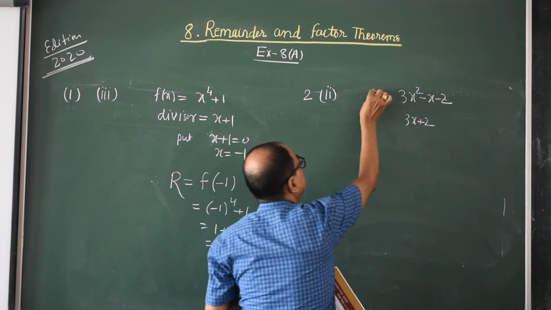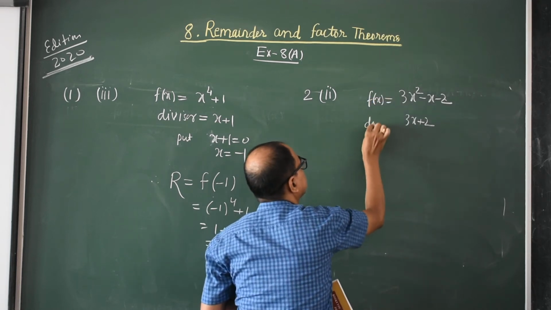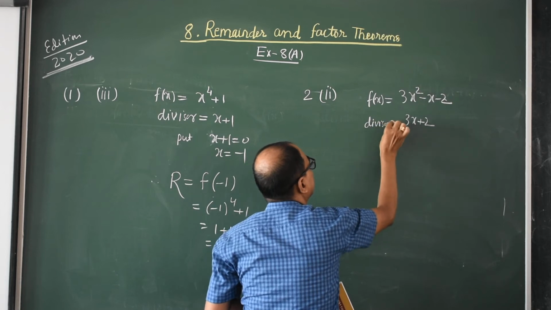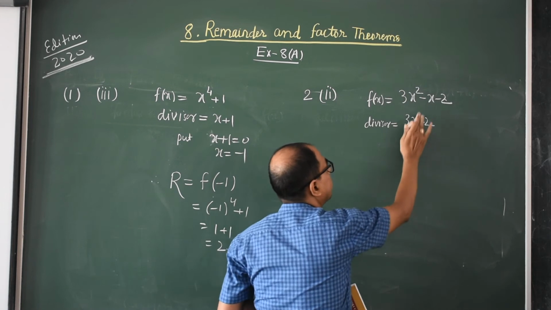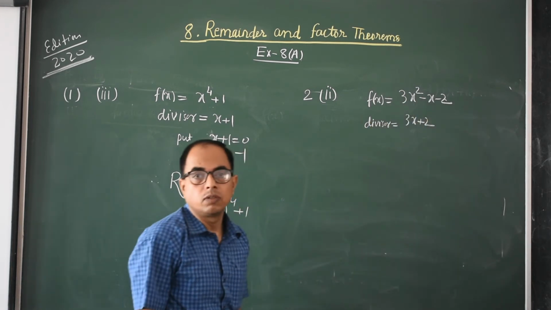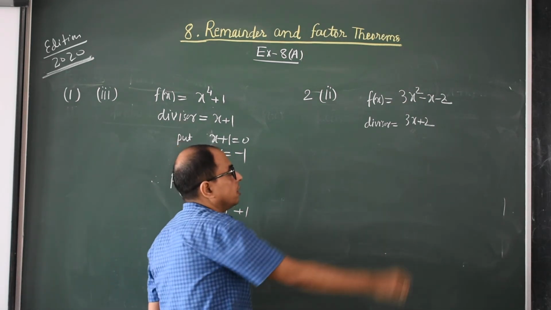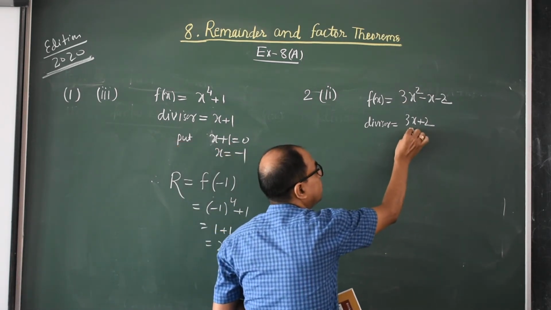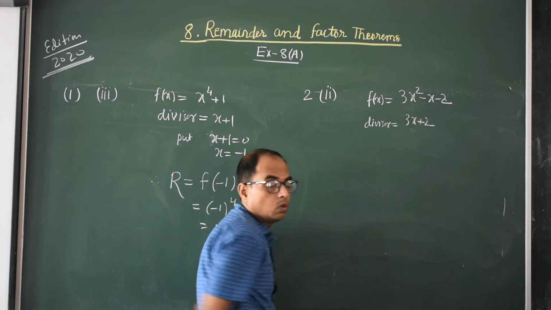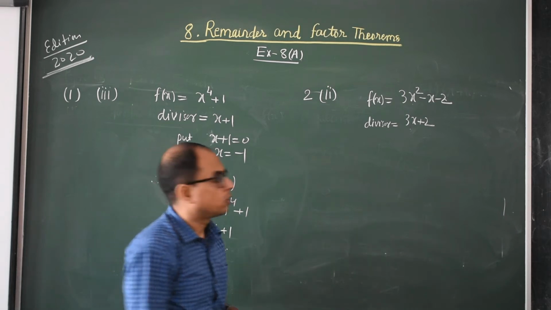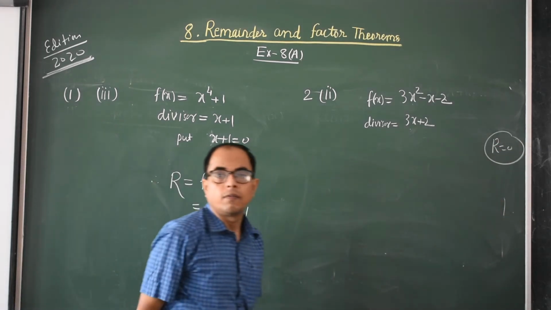So this is the given polynomial, and this is the divisor. What is the condition for a factor? The remainder must be 0. Here this divisor will be a factor if the remainder of this polynomial when divided by 3x plus 2 is 0. This is the condition for a factor.